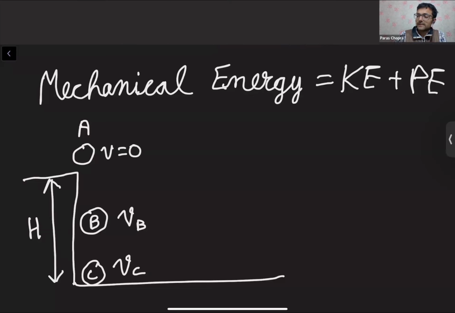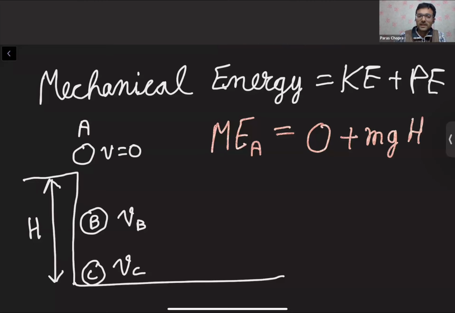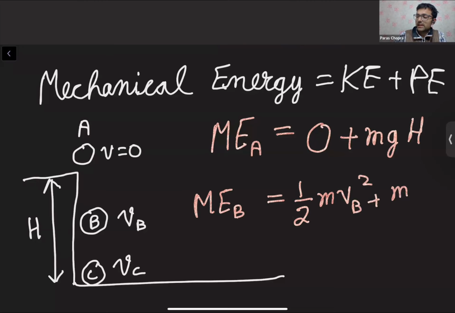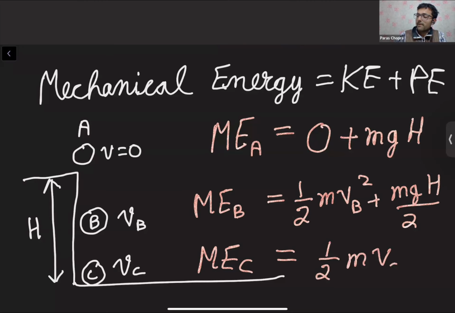Okay. So if we calculate the mechanical energy at point A, it is equal to 0 kinetic energy plus mgH potential energy. If we calculate the mechanical energy at B, it has some kinetic energy, so half m vB square, plus some potential energy. And if we calculate the mechanical energy at C, it will only be equal to the kinetic energy because the potential energy is now 0.